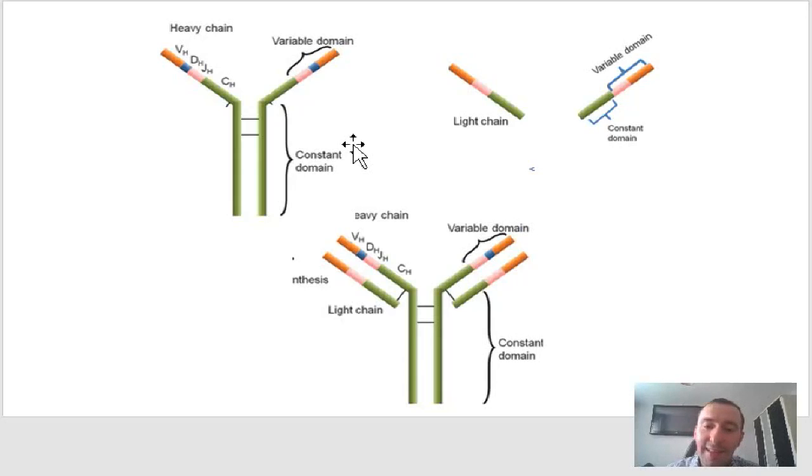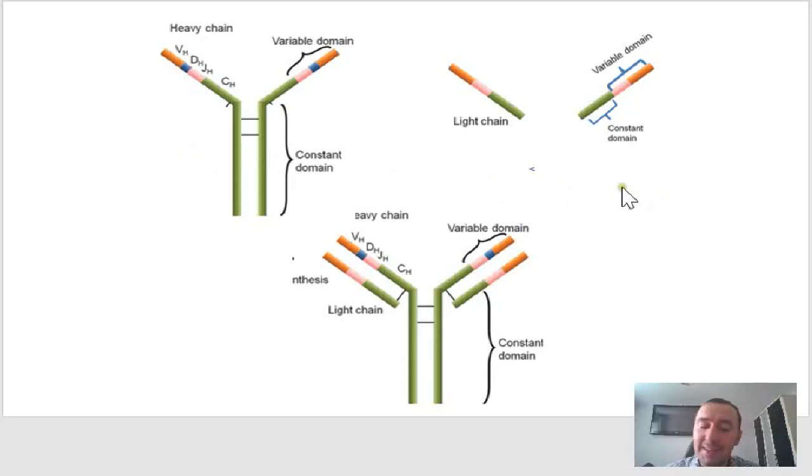So that's a region that doesn't get edited or modified in this process of somatic recombination. The component of the heavy chain that gets modified is the variable region. Okay, and the variable region is composed of gene segments V, D, and J, okay, for the heavy chain.